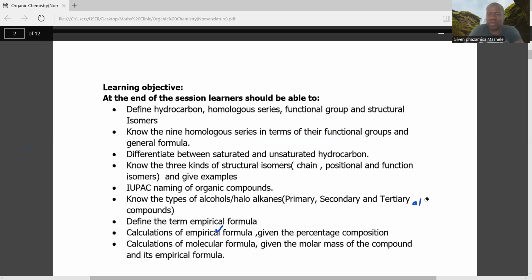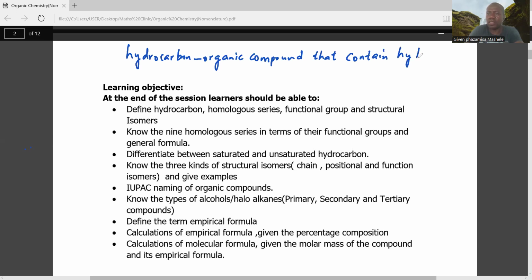Remember, when you are dealing with organic chemistry, one must be able to understand what you mean by a hydrocarbon. Right. In terms of the definition, a hydrocarbon is an organic compound that consists of, or that contains, hydrogen and carbon atoms only.